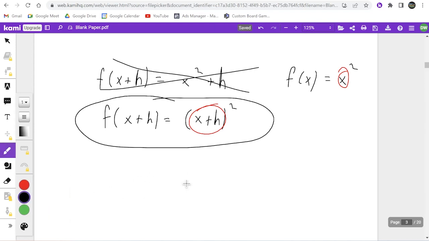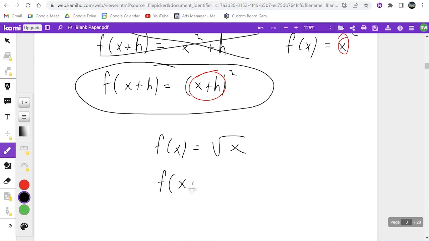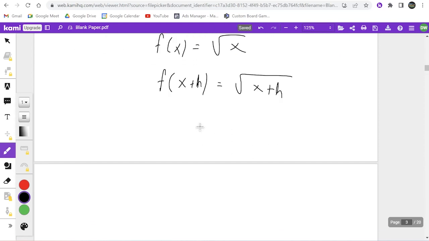Let me show you a few quick examples. This is not part of the problem, but I just want to show you this. If, for instance, f of x was the square root of x, well then I would say f of x plus h is square root of x plus h, because I replace the x with an x plus h. What if I have f of x equals x cubed minus 3x?